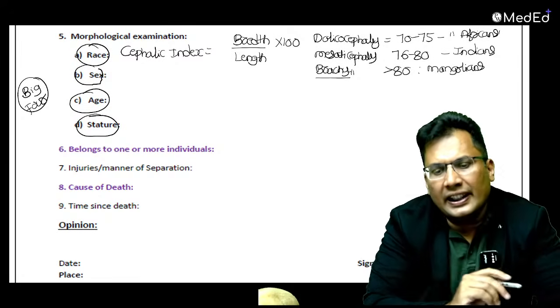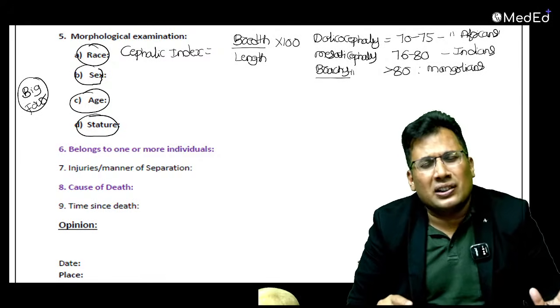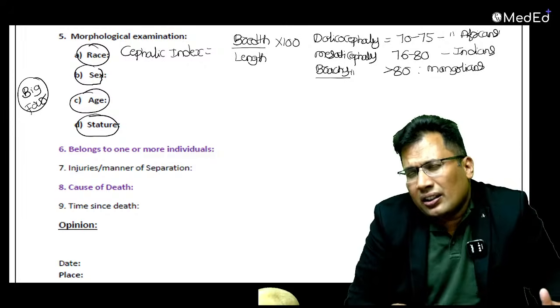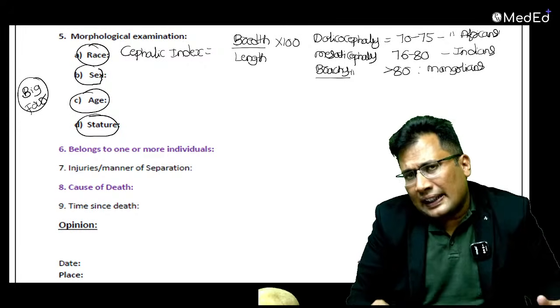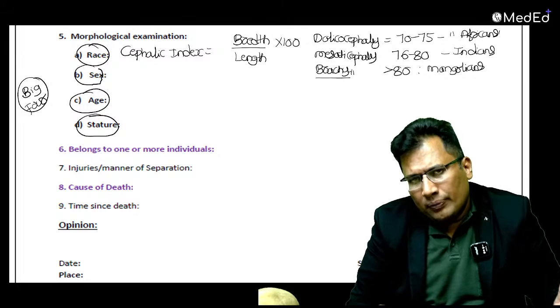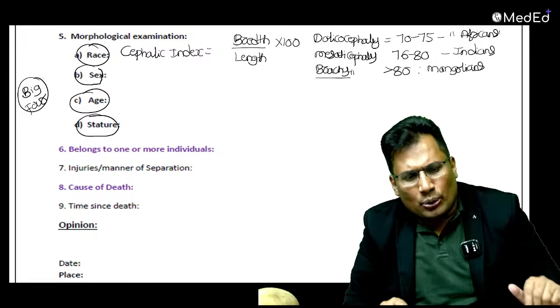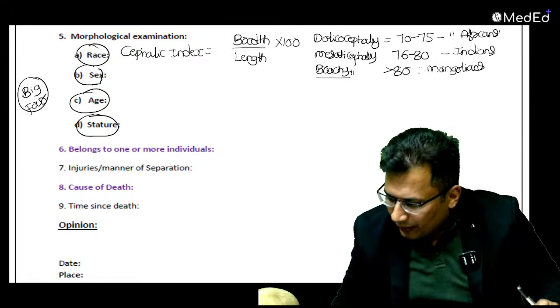A typical Indian skull comes under the mesaticephaly. It is 75 to 80. Again, the values are not that accurate. Other indices are there: crural index, humeral index, intermembral index, nasal index, and all. One commonly asked question is cephalic index.